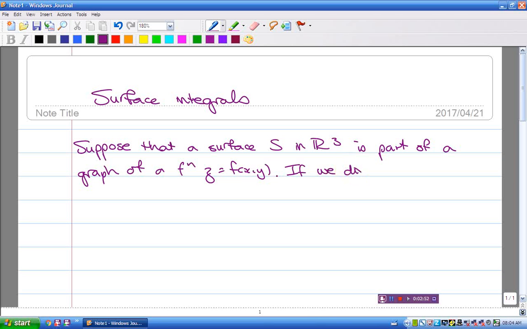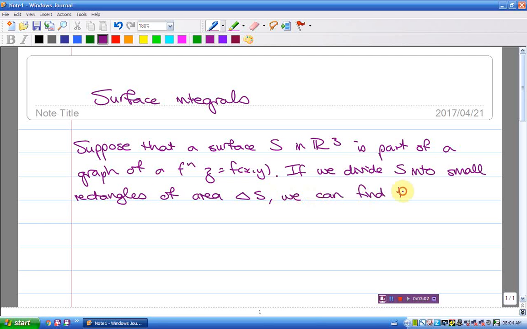If we divide S into small rectangles of area delta S, we can find the area of S, which we would write like that, and is basically a limit of a double sum, so let me write the limit in.